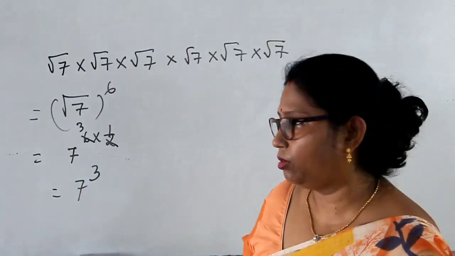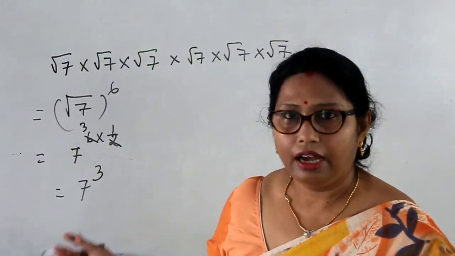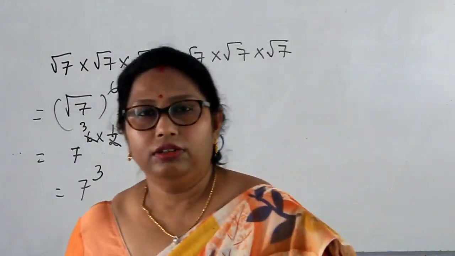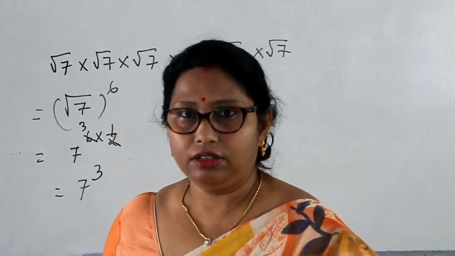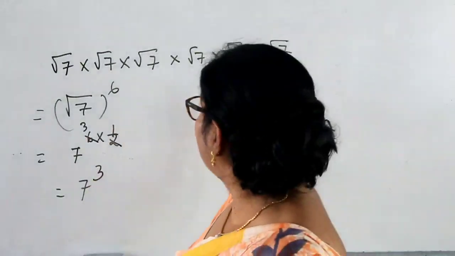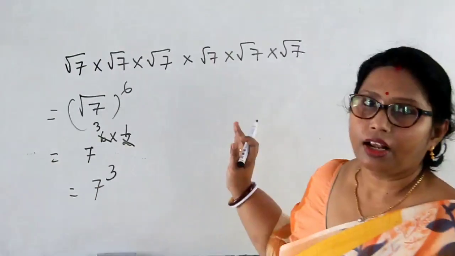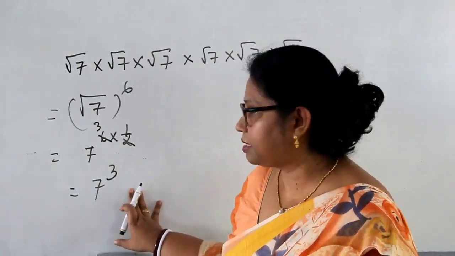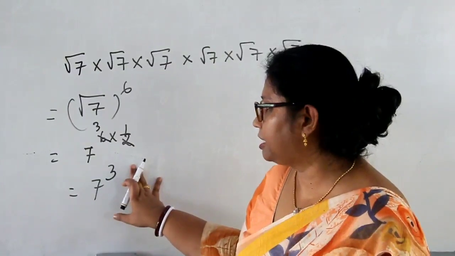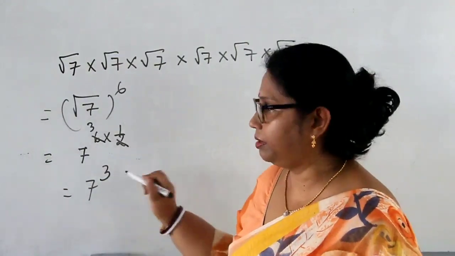And ultimately we can find the answer for 7 cube, which is nothing but 7 into 7 into 7. So this way, when we are given the sum and we have to express it in base and exponential form, then we have to write in this way.